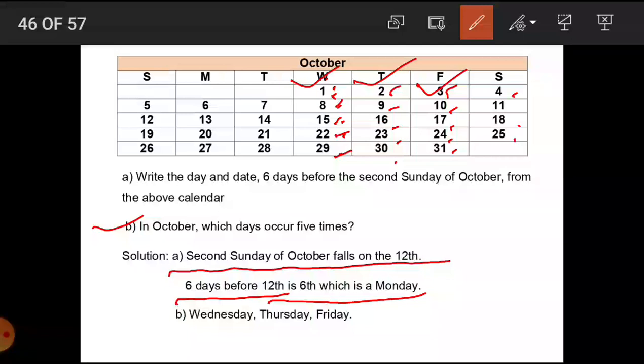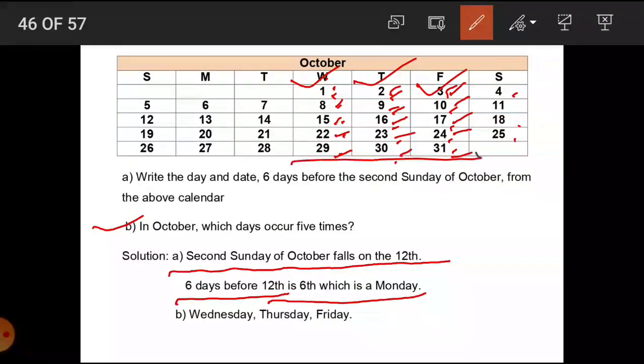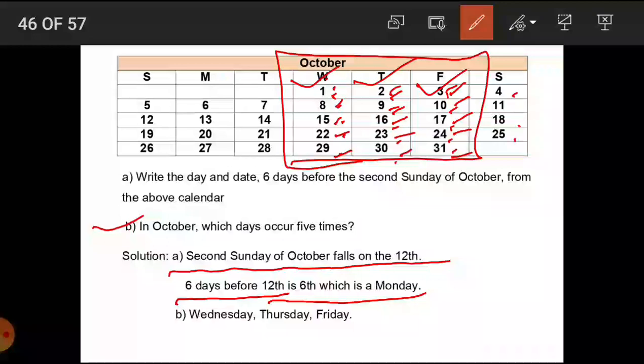Then Thursday you will see 5 dates: 2nd, 9th, 16th, 23rd and 30th. Friday you will see 3rd, 10th, 17th, 24th and 31st. Which means these 3 days are the days which occur 5 times.